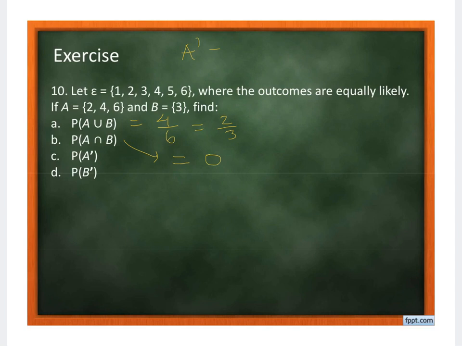A complement is 1, 3, 5, outside of A, so the probability is 3 over the sample space. There are 6 in the sample space, so 3 over 6, which is 1/2.